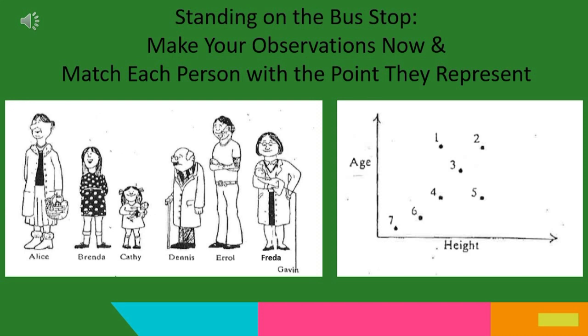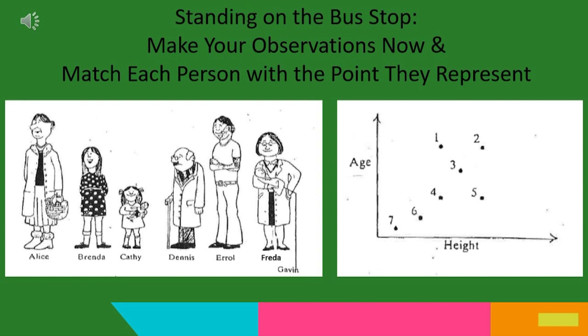Now, no one is the exact same height as Kathy and it doesn't appear that anyone is around the same age as her. Do you know which point Kathy represents? And then we also talked about baby Gavin. Do you remember what we said about baby Gavin? Remember, Gavin is right there in Frida's arm.